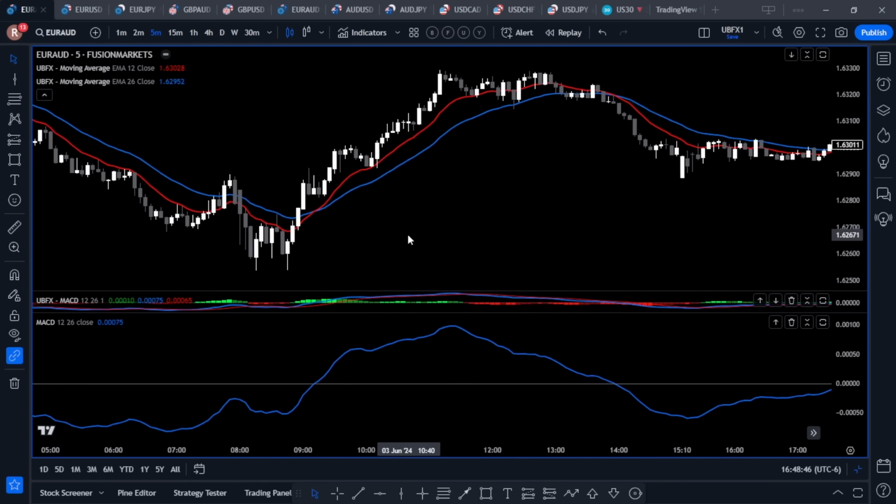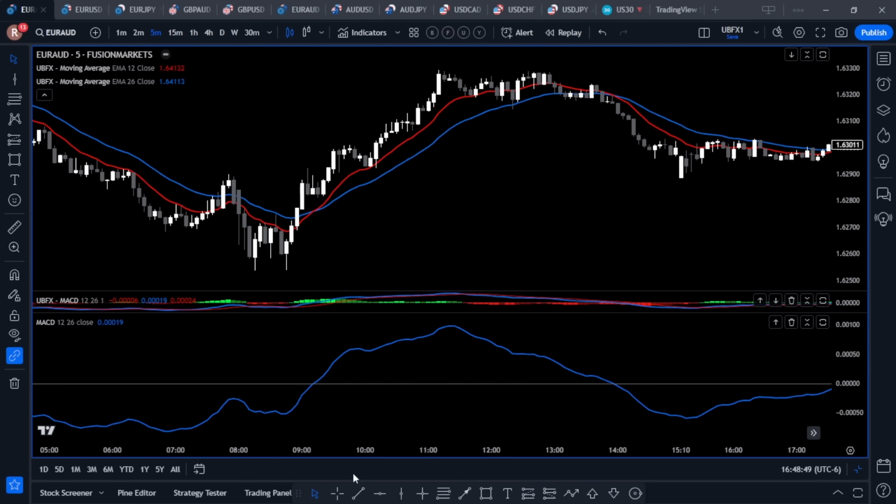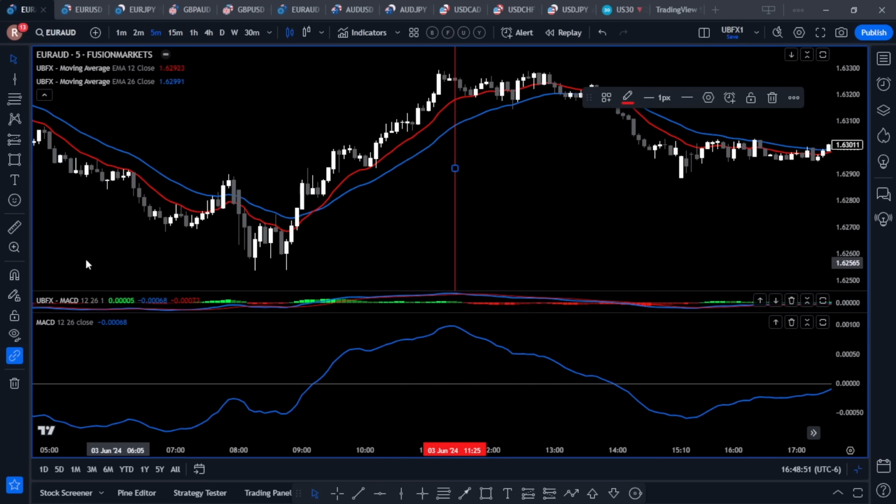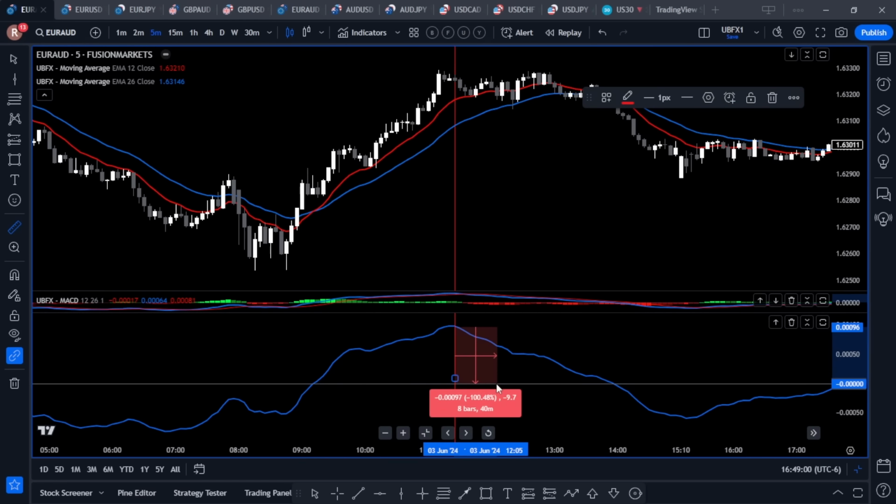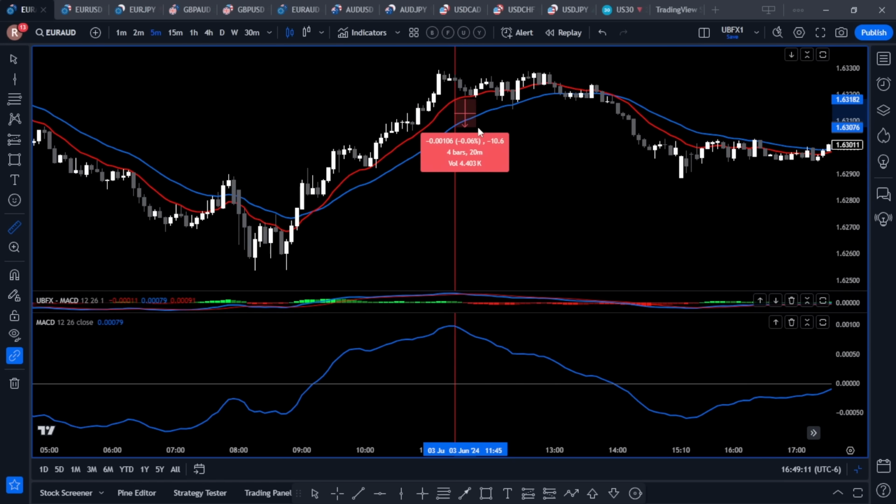So if we pick a spot on the MACD, I'll put a couple of vertical lines on here so we're looking at the exact right spot. If I take my measuring tool, we can see we're 9.7 pips from the zero line. If I look at that same spot on the price and see how far apart those moving averages are, we are also 9.7 pips.